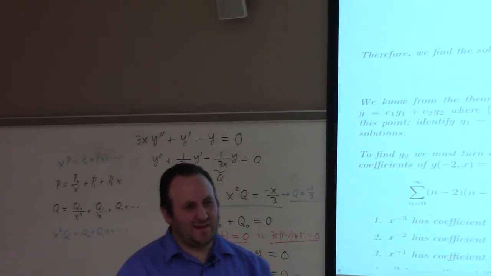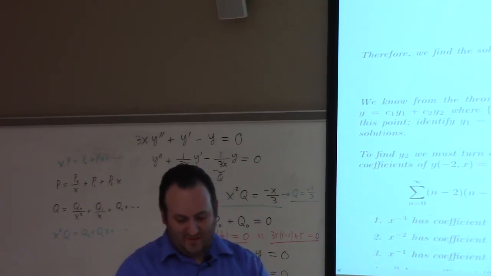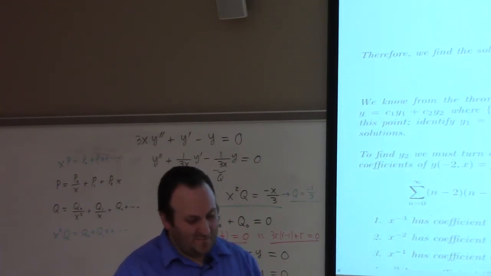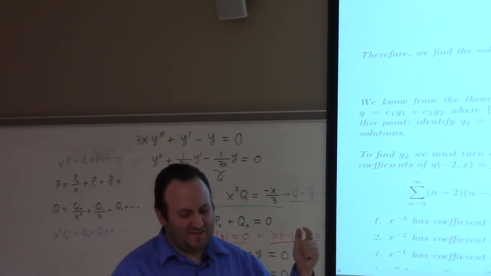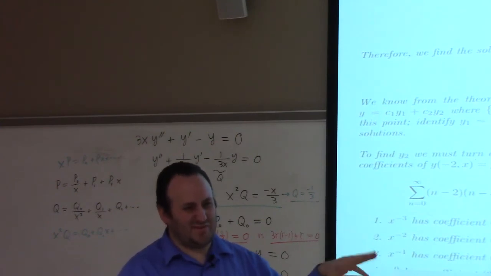And then, part C, if the difference between them is a positive integer, then again you get one Frobenius solution, and the other one is some arbitrary constant times the first solution times a log plus another series.